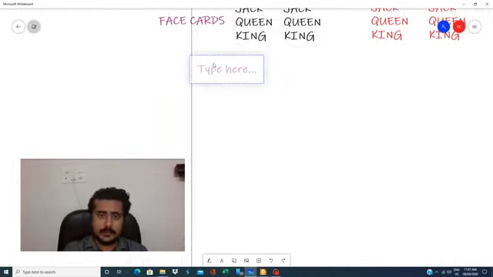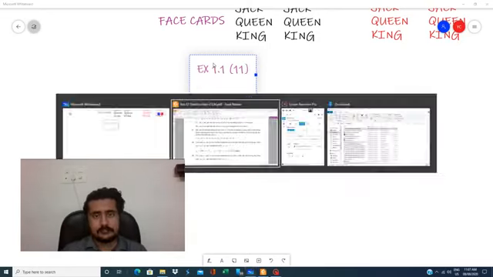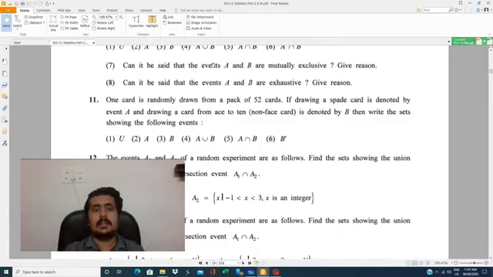Now let us start with exercise 1.1, sum number 11. One card is randomly selected from a pack of 52 cards. If drawing a spade card is denoted by A and drawing a card from ace to 10 is denoted by B, write the sets.